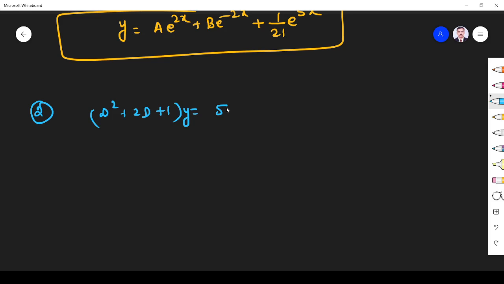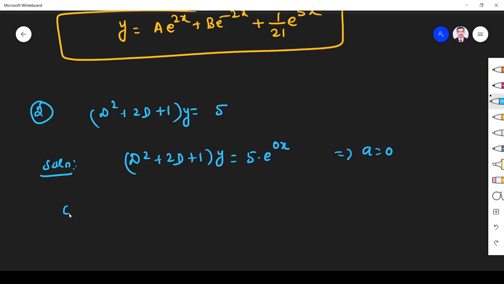Type 1 means the right hand side should be in e power format. So this one can be written as D squared plus 2D plus 1, into y is equal to 5 into e power 0x. So this implies a is equal to 0. In this format, it is type 1.